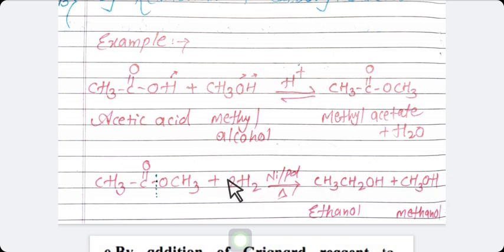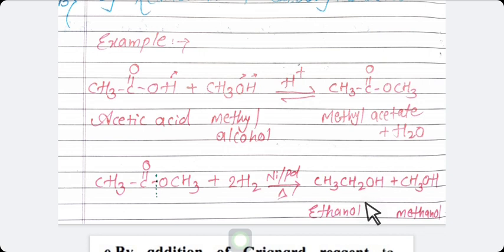From the remaining 3 hydrogen, one hydrogen gets attached with O and 2 hydrogen get attached with C, so it will form CH3CH2OH. So it is ethanol.